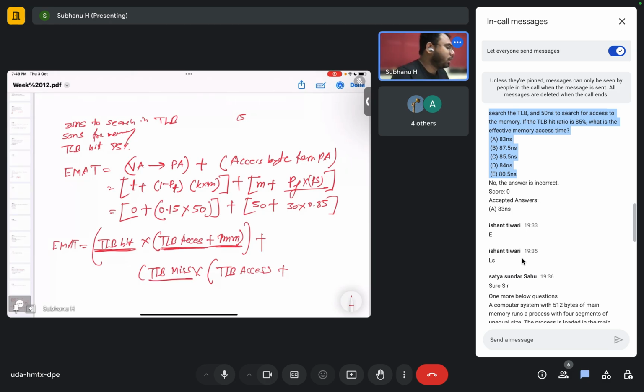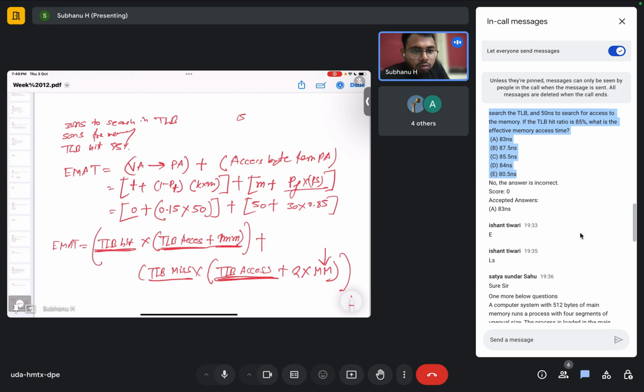If I miss it, then I have already searched in TLB. That's why TLB access time plus 2 into main memory access time. Okay, why 2 into? Because you have searched the main memory two times. Okay, got it. So this is the case.